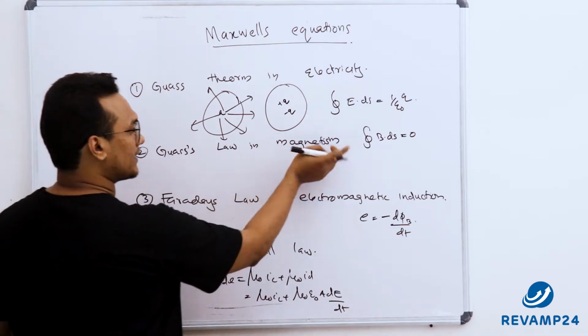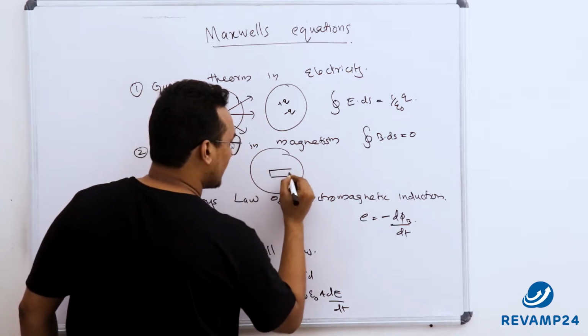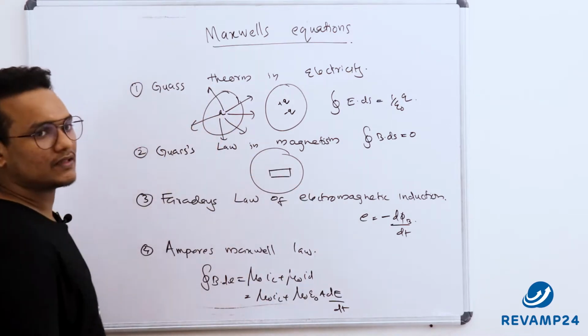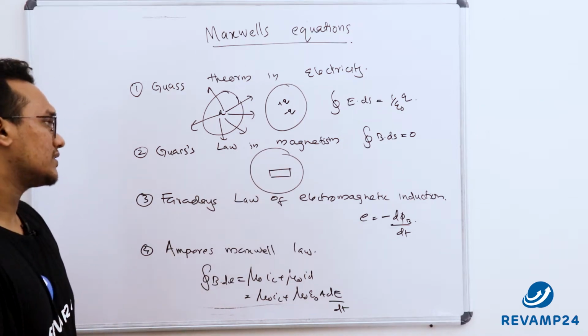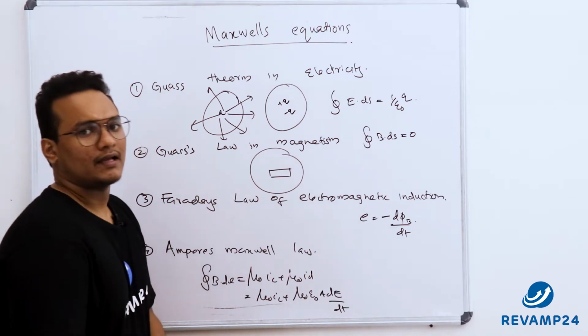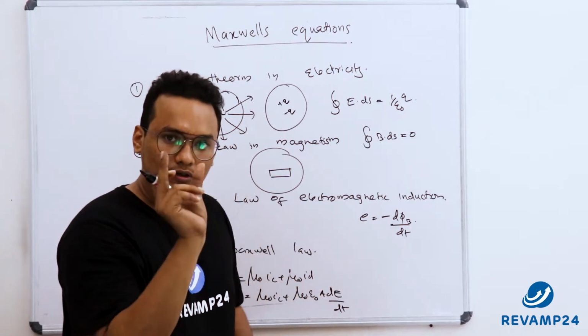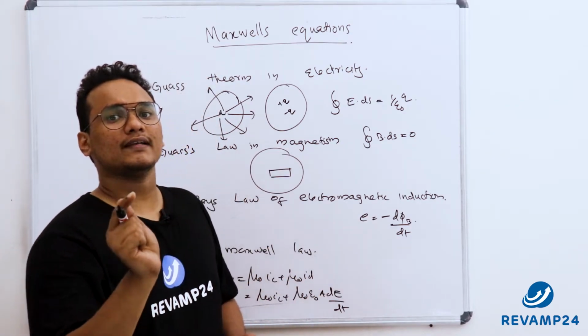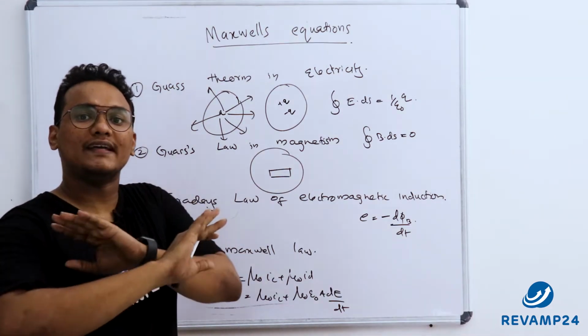Gauss's theorem in magnetism. Now in magnetism also we can keep a magnet inside. Here, as we have played with charges, we will keep a magnet inside a Gaussian surface. Now we know that associated with any magnet there will be two poles, a north pole and a south pole. So in magnetism, a magnetic monopole doesn't exist.